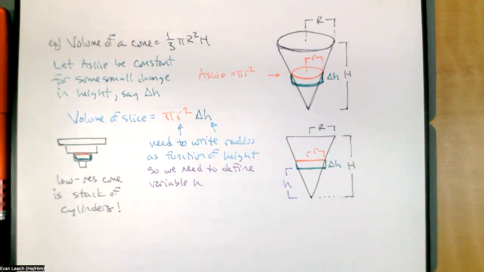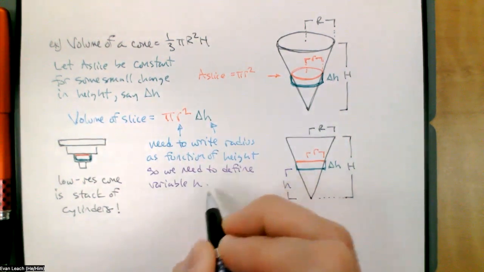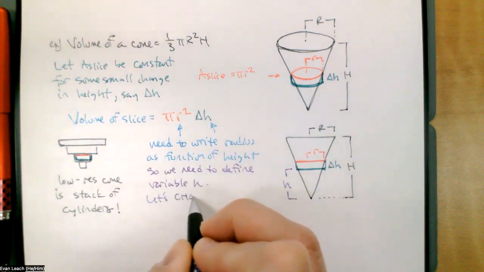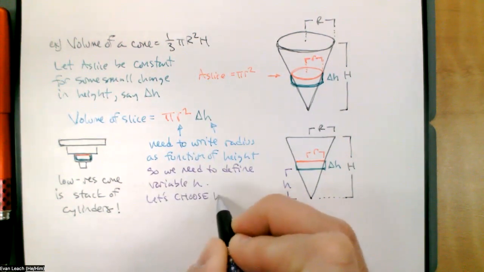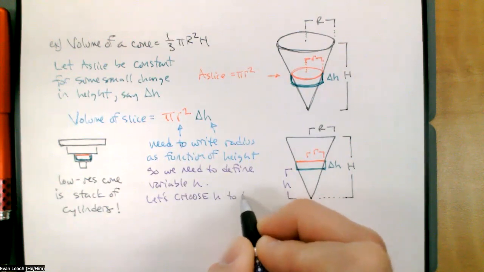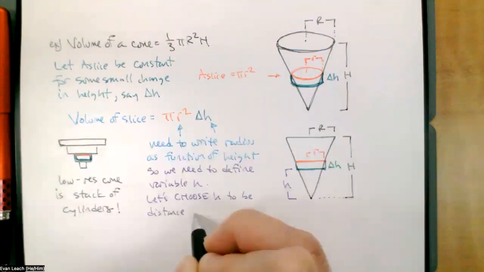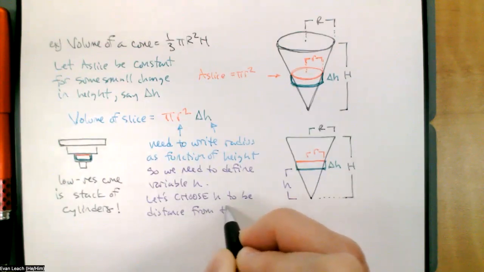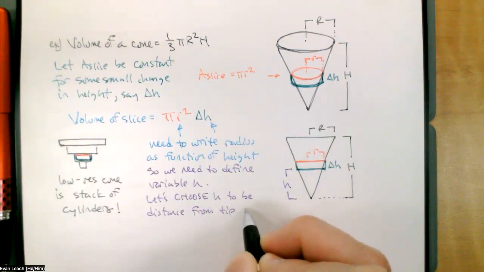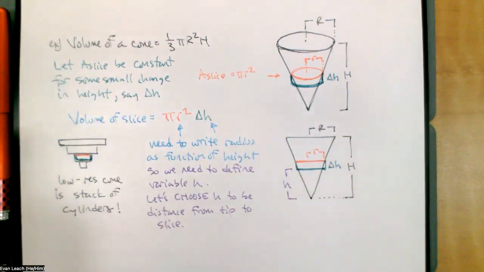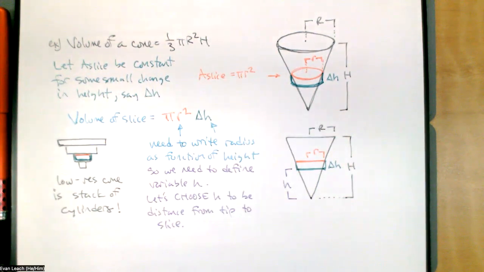This is one choice that we can make. We are choosing to make h the distance from the tip to the slice.